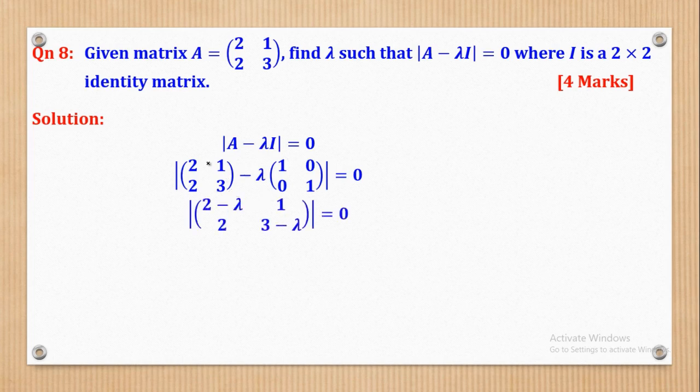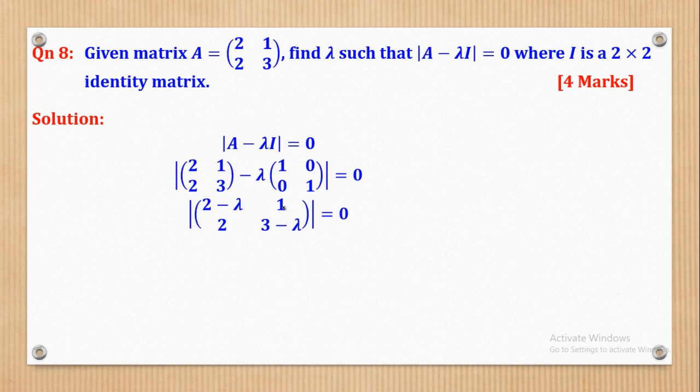Then simplify. This will be 2 minus lambda times 1, which is 2 minus lambda. Then 1 minus lambda times 0, which is 1. Then 2 minus lambda times 0, which is 2. Then 3 minus lambda times 1, which is 3 minus lambda.